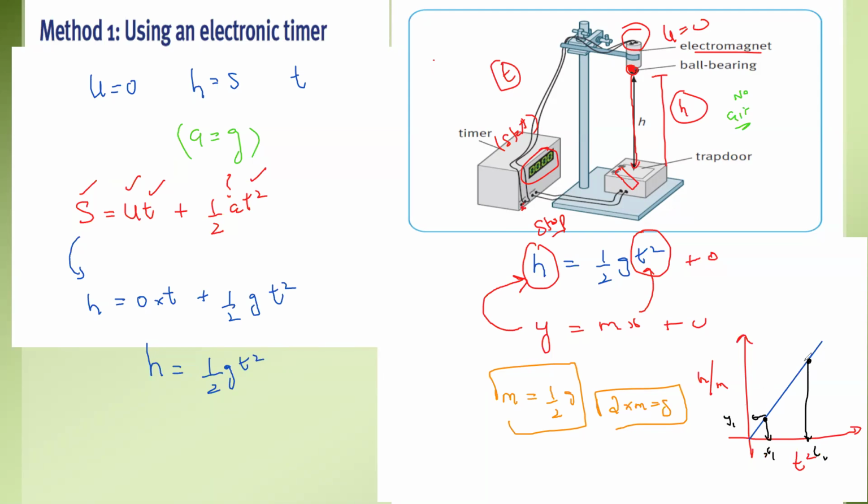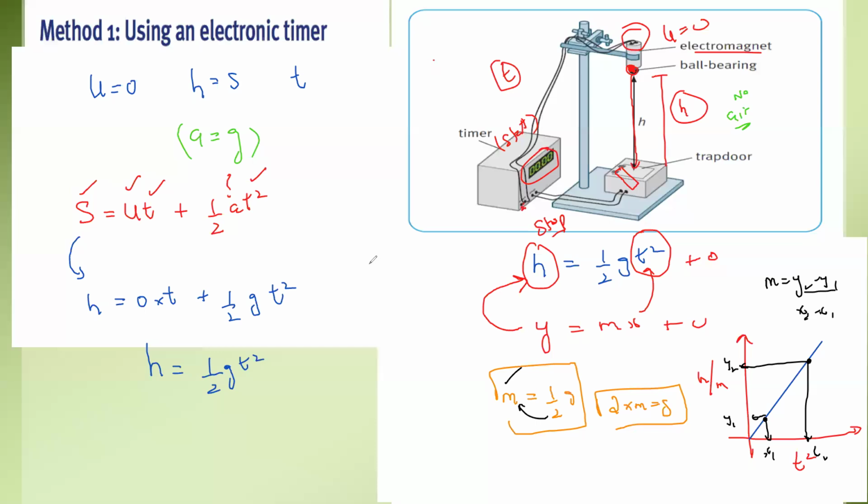The first point on the y-axis will be y1, and the second y2. We work out the gradient as (y2 − y1) over (x2 − x1). After getting the gradient, it is multiplied by 2 to get the value for g, and it should be in the range of 9.8. So g is twice the gradient.